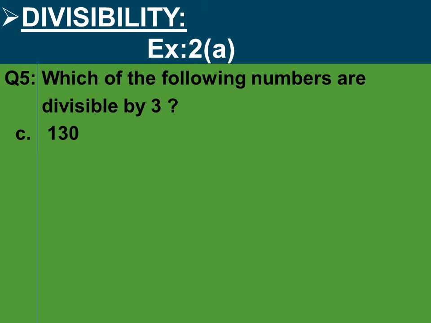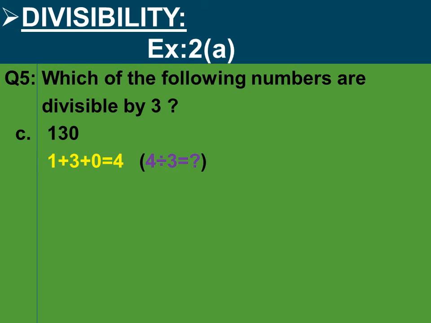Now dear students, part C of question number 5, exercise 2A. In part C, we have a number 130. And we have to check the divisibility of this number for 3. What will we do? We will just add all the digits of this given number.